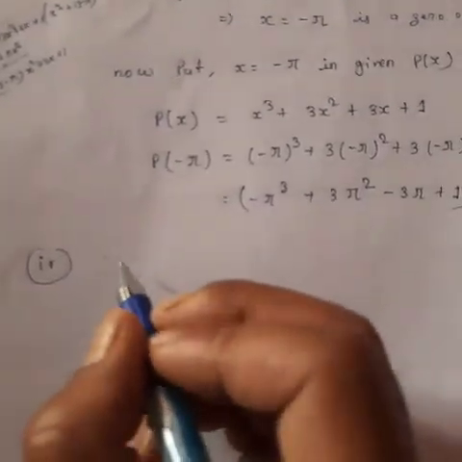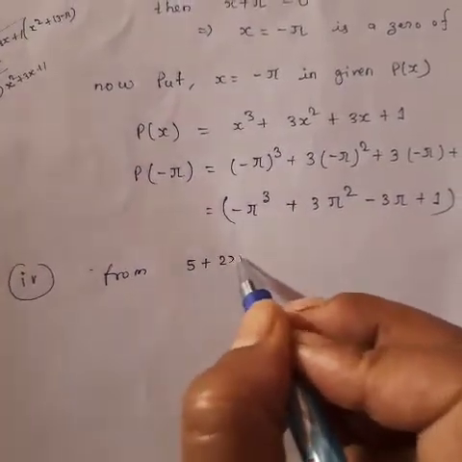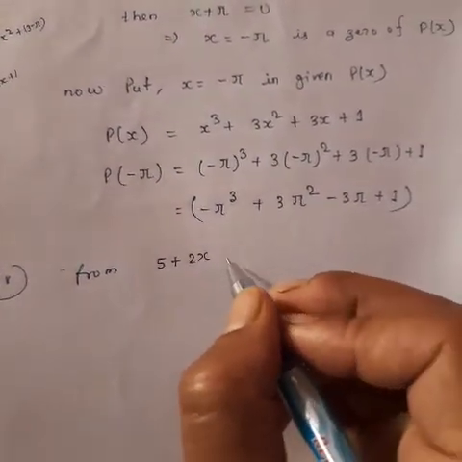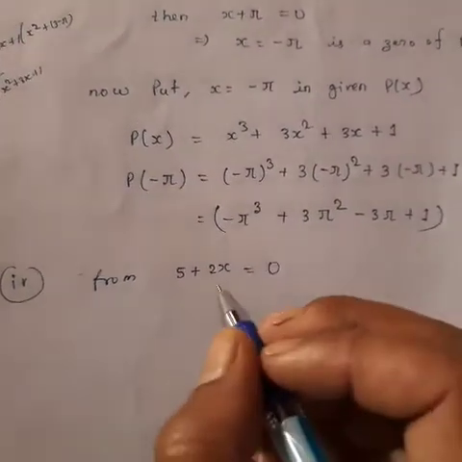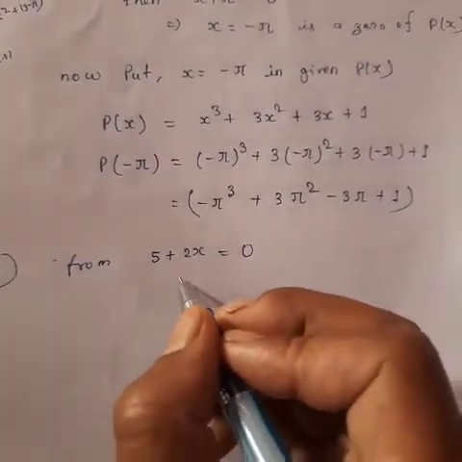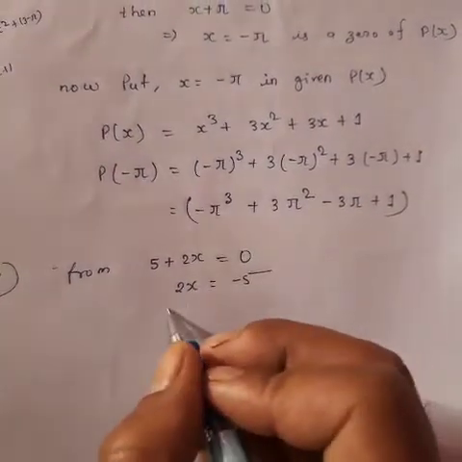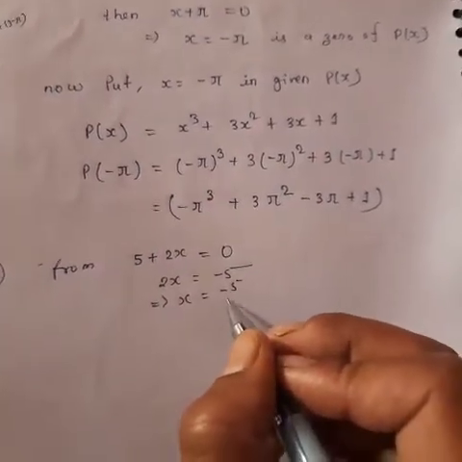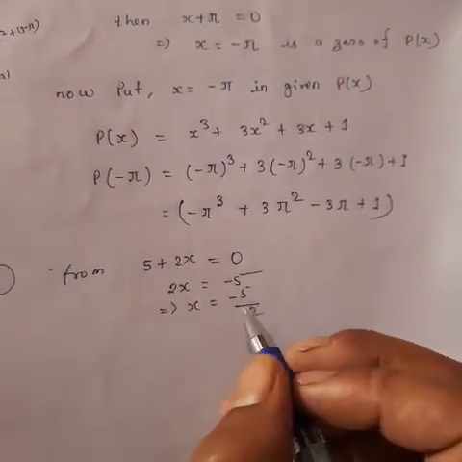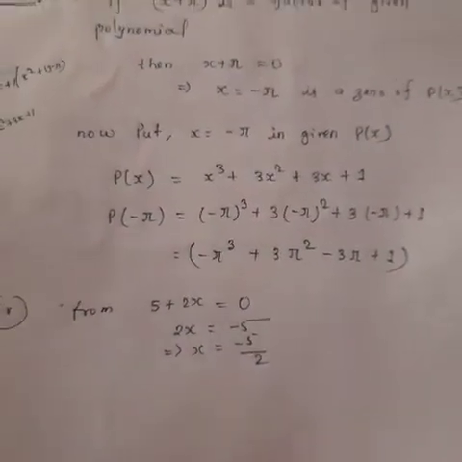So similarly here, if 5 plus 2x is a factor of the given polynomial, then we can find the zero. How? The value of x. So 2x equals minus 5. From this, x equals minus 5 upon 2. So x equals minus 5 upon 2 has to be a zero of the given polynomial.